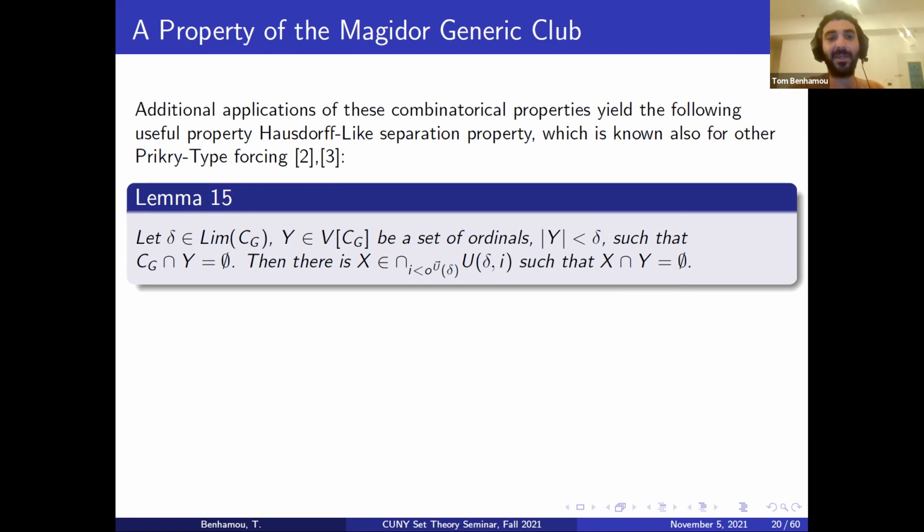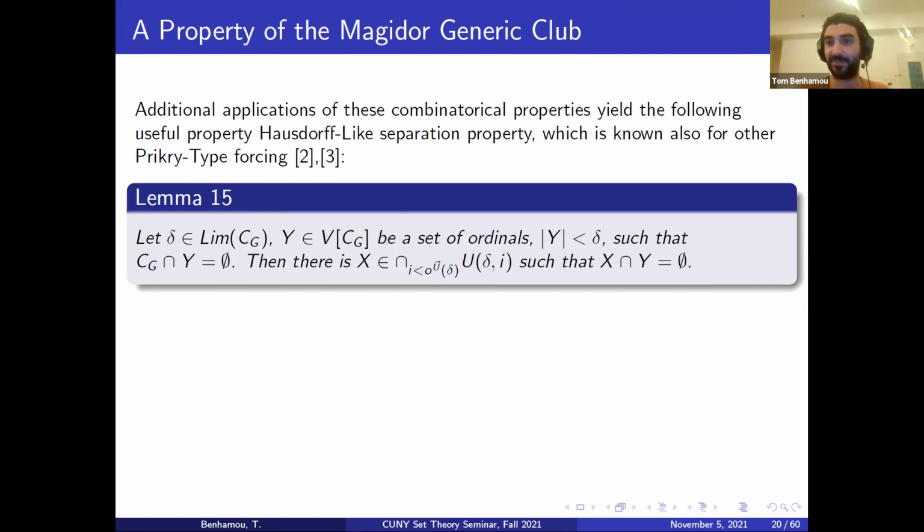So let delta be any limit point of CG. And let Y be a set in the generic extension, a set of ordinals, such that the cardinality of Y is less than delta. Okay? And suppose that this set Y is disjoint from CG. Then there is a measure one set X with respect to all the measures provided on delta, which is also disjoint from Y.